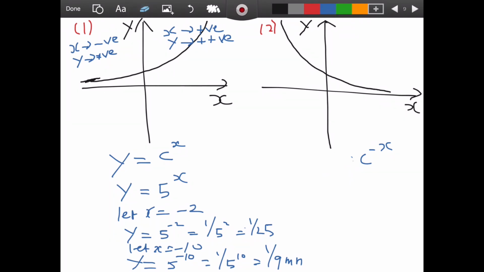Okay, maybe it's better if I use another color. Let me use green. Y equals c power of minus x. So let's see graph number 2, for example y equals 5 power of minus x.